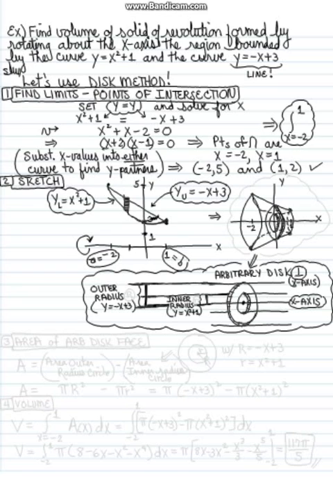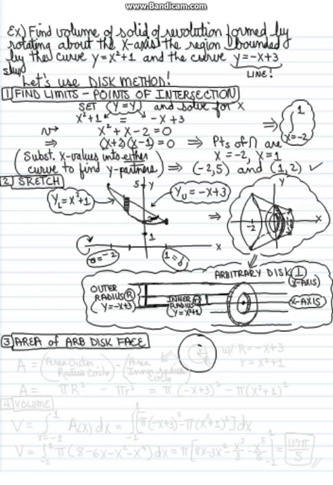Step 3 is finding the area of the arbitrarily located disc face. I call it a disc, it's a washer, whatever. The area can be represented in a simplified bird's eye view of the washer. There's the center, the small radius, little r, and the large radius, capital R, with capital R equal to the upper function, negative x plus 3, and little r equal to the lower function, x squared plus 1.